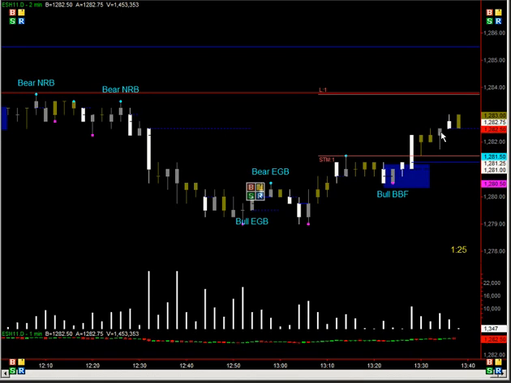So this was what I'd call a failed bearish MRB with follow through, because this candle right here was bearish. And it's not just price bars alone, it's price bars in conjunction with the trend. That's what makes this particular candle bearish. So my stop is below here, and we'll see how close we can get it to here.